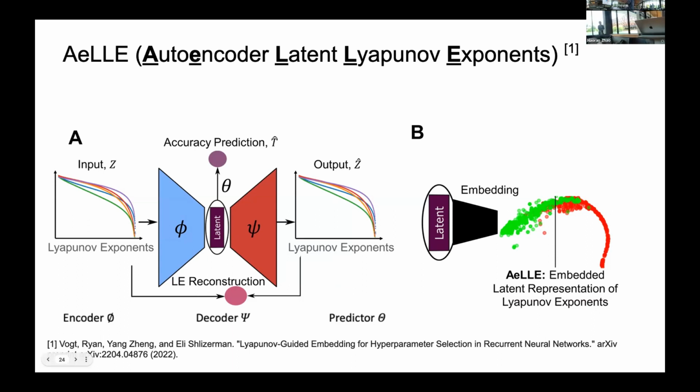There are two losses here. The first one is the reconstruction loss for the autoencoder. The other one is the prediction loss for the predicted theta model. Then we use a weighted sum of those two losses as the final loss for this task.